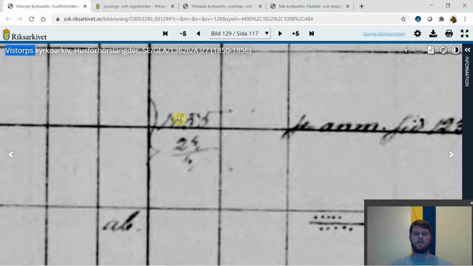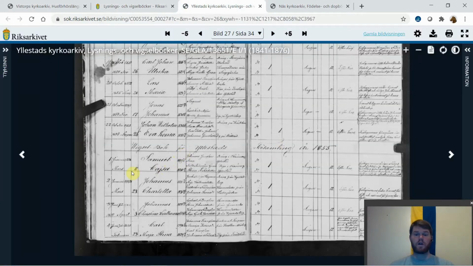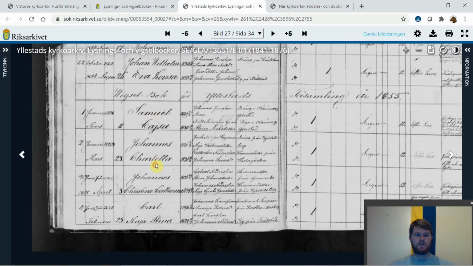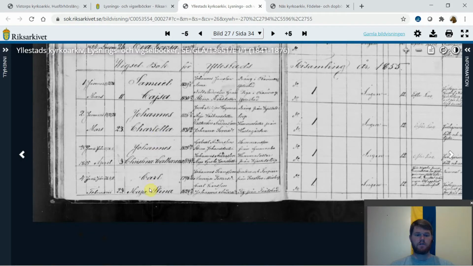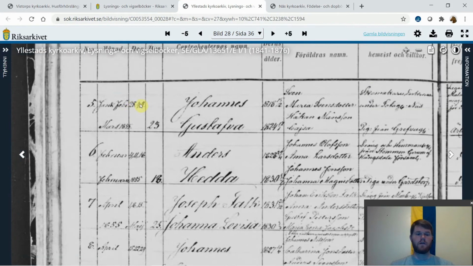Okay, so 1855, the 20-something of something. So let's just look for their names. Here's 1855, and let's see here. None of those individuals. Come here.